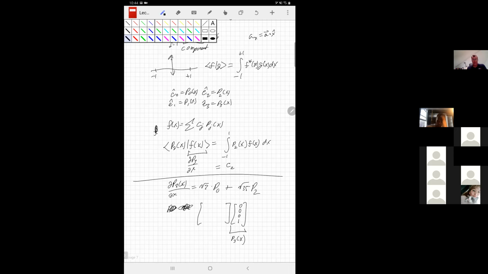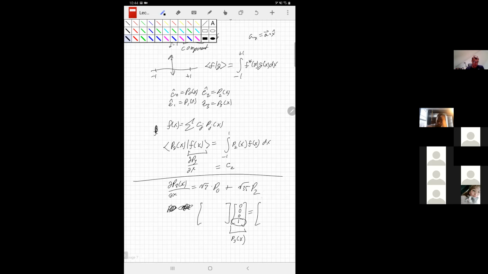It may not look like it, because it looks just like a column of numbers instead of that cubic polynomial. But this is totally P3 of x, because it's saying we don't have any C0 P0, we don't have P1, we don't have P2, but we do have P3, okay? That is a way of writing P3 of x. Then when we take the derivative, what do we get out?